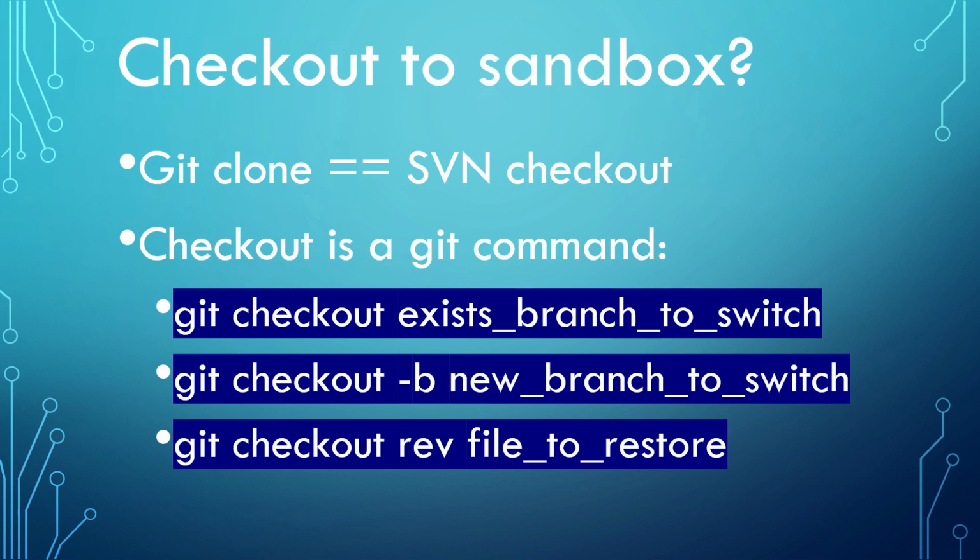Checkout in Git could mean switching between branches in a local repository, or creating a new branch, or restoring files from another revision. So you see, to avoid possible confusion, let's just say clone when talking about retrieving a GitHub repository to a local machine. That's enough for the definitions.